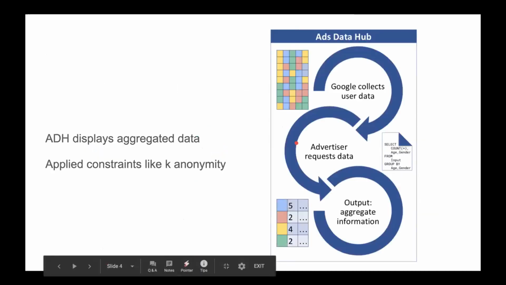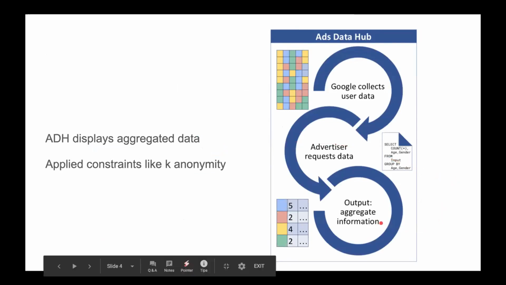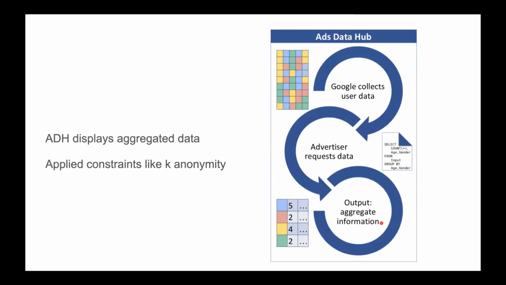Now, since this raw information contains sensitive information about users like us, ADH releases aggregated data to protect end user privacy. An example of this is their constraint called k-anonymity, which ensures that any row in the output table contains aggregated information of at least k users.